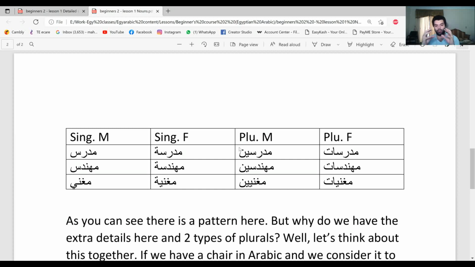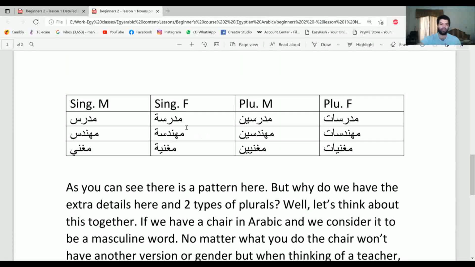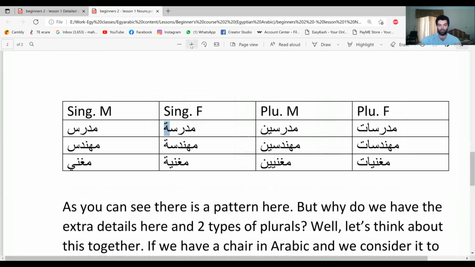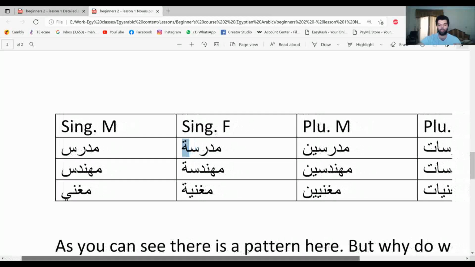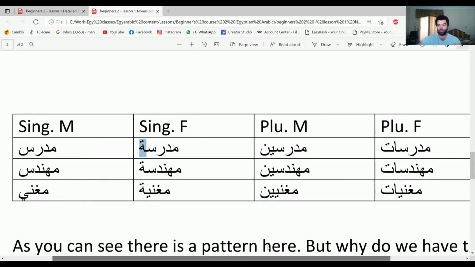So in Arabic, we do make that difference. So let's look at the example here. We have a singular male teacher. We say مدرس. And there's a pattern for this, yeah? For female, we simply add تاء مربوطة and we say مدرسة. So what did I do here?